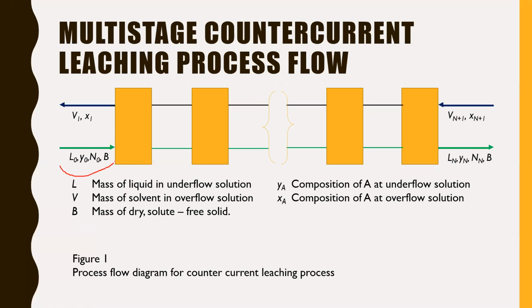So at the inlet here is again the same as what you have learned for a single stage. It has the slurry solution, a mass of liquid in underflow solution with the composition Y naught, and the amount of inert per solution is N naught, and B is the mass of dry, solute-free solid.